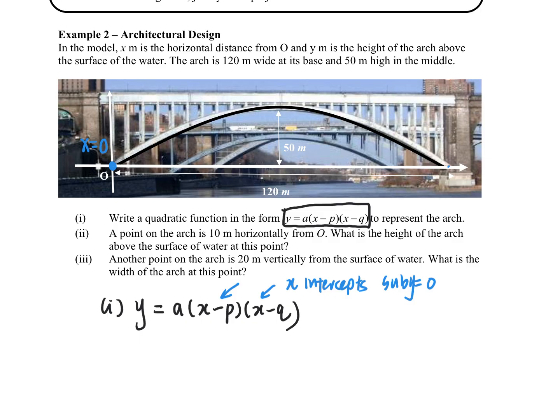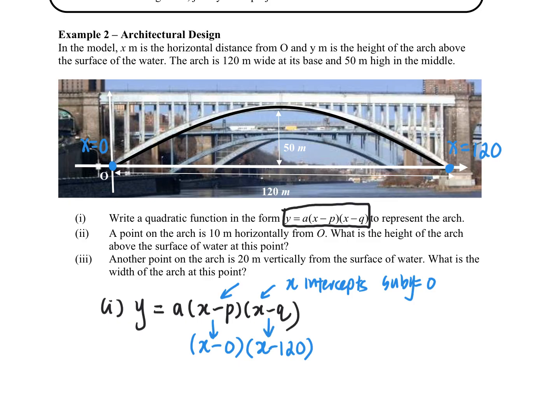This is my other x-intercept at x equals 120. So if I reverse engineer, one of my factors here is x minus 0. The other factor here is x minus 120. So that when I equate to 0, I get 0 and 120. Correct? So these two, I already know what they are.